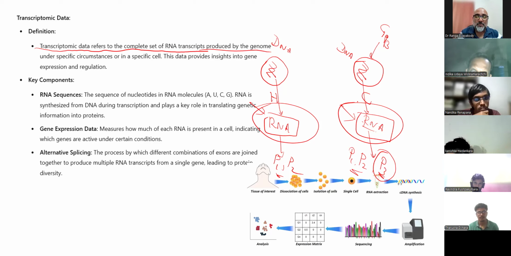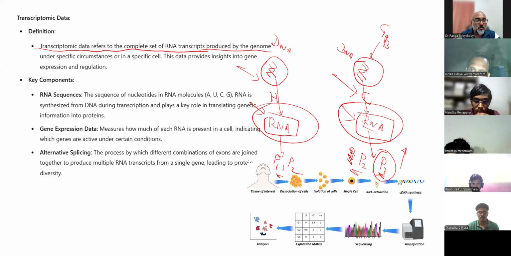When P3 is expressed, what happens to P1? Sometimes this P1 is suppressed. When P3 is produced, P1 is not produced, right? So this is what happened. This is a relationship. Now you can go back and relate this to the pathology of this particular cancer. This particular cancer has a different gene expression pattern, right?